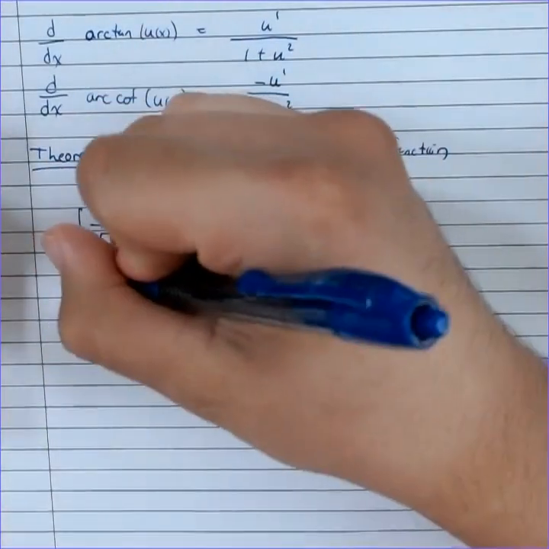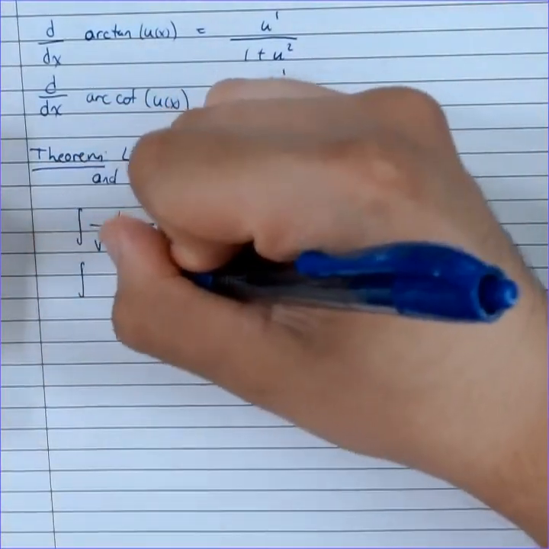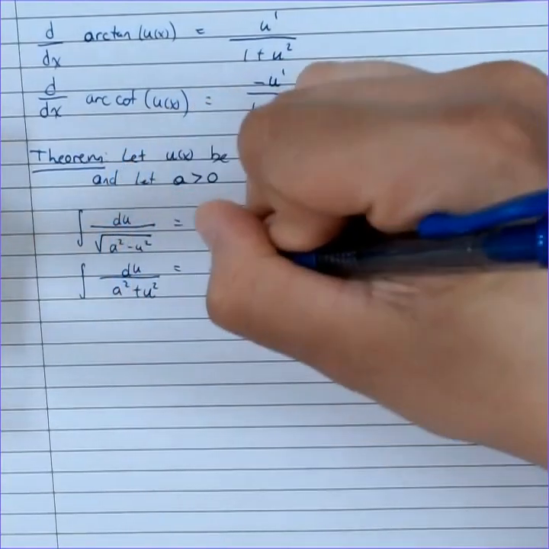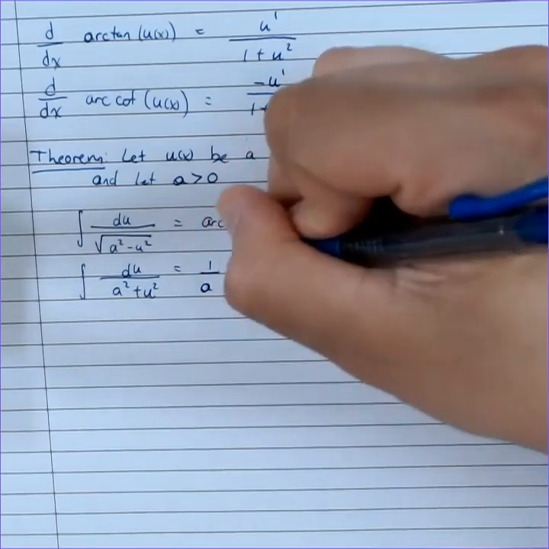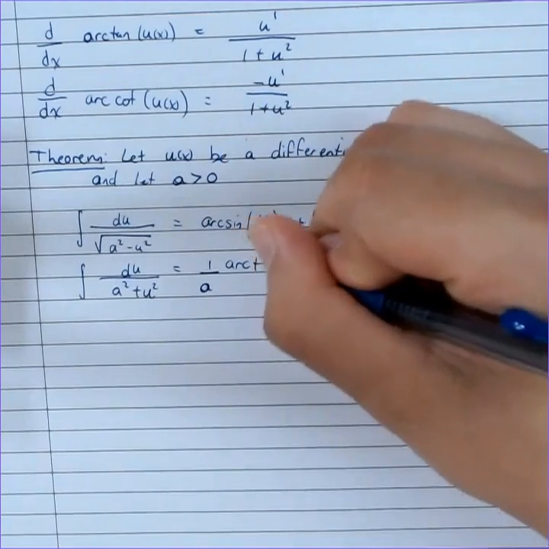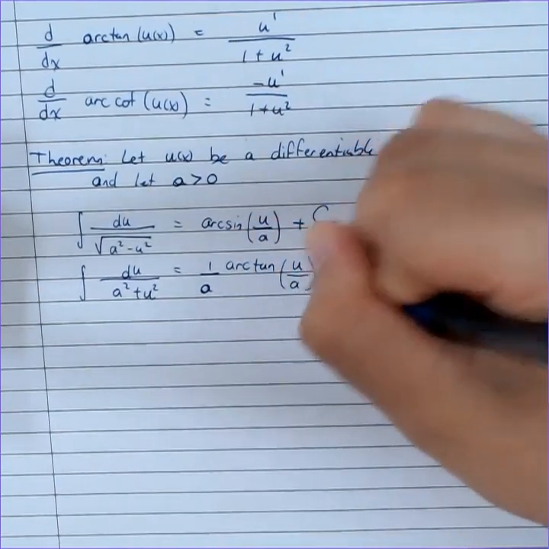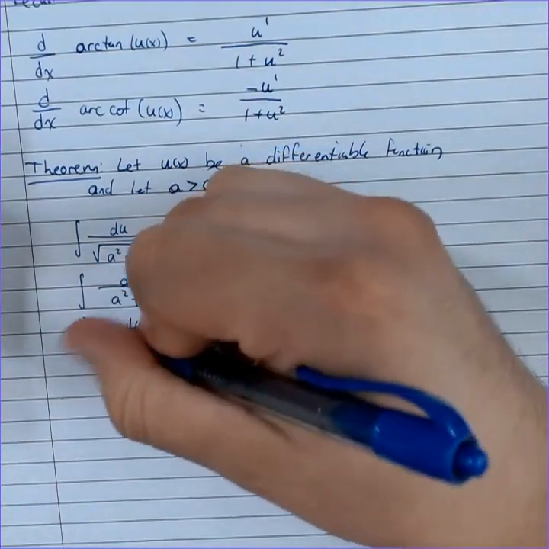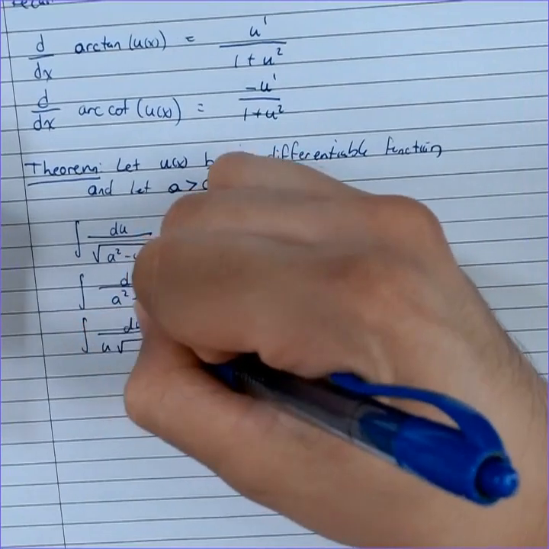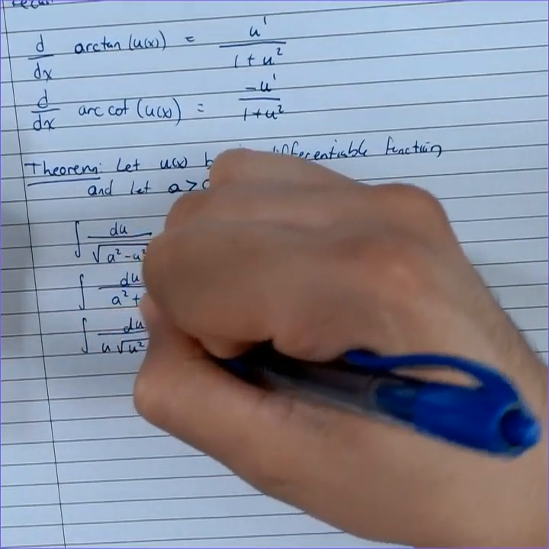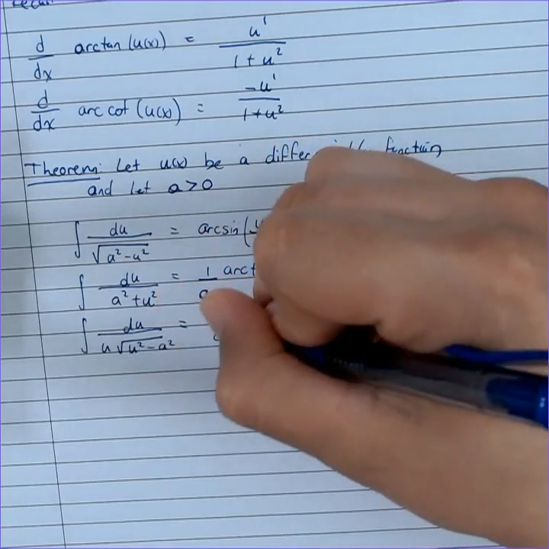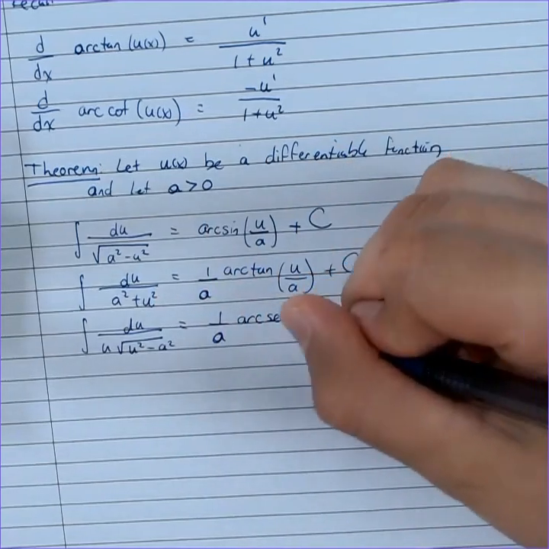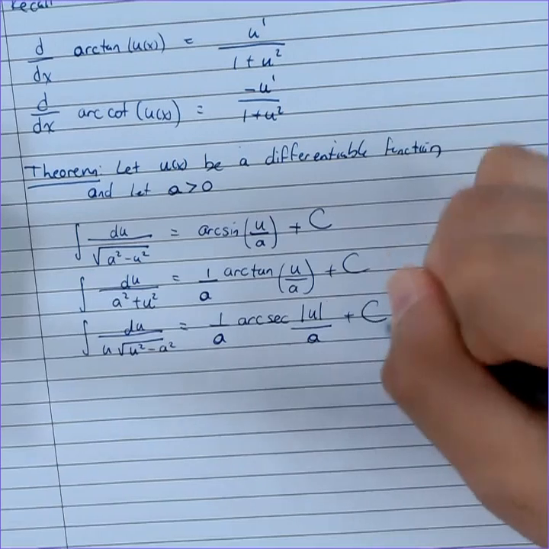The integral of du over a squared plus u squared is equal to 1 over a times the arctangent of u over a, plus, again, your constant. And the integral of du over u square root of u squared minus a squared is going to equal 1 over a times the arcsecant of the absolute value of u over a, plus a constant of integration.